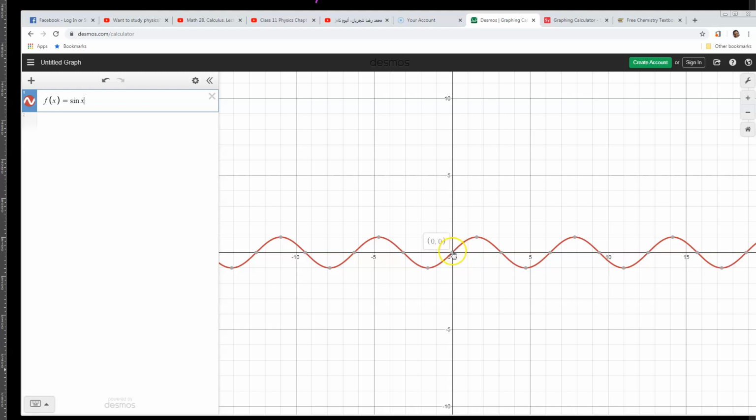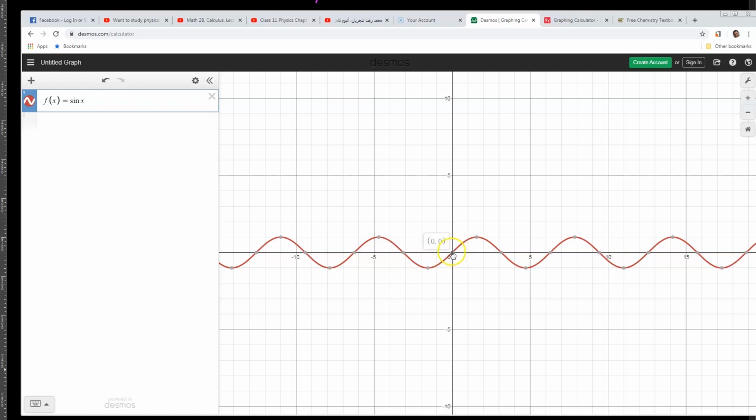Meaning that, for example, between 0 and pi by 2, the function is of course 1-1, because there are no two equal outputs in the range of the function in this interval.